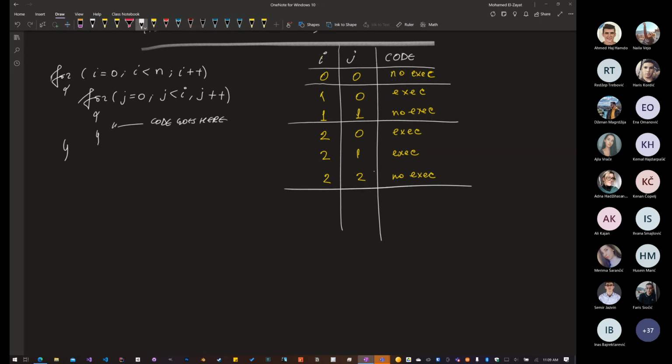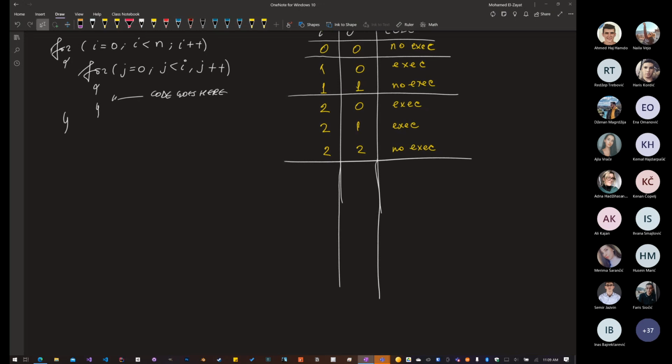Then we draw another line. Let me continue this a little further just to drive the point across. So I is going to equal 3, because we are incrementing again here. J is going to equal 0 because we are running this again, and we have an execution. 3, 1, execution, as we increment J according to the loop.